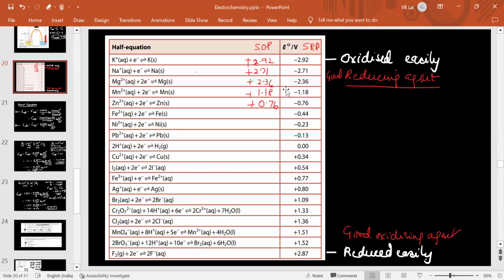See, one important thing is that we should always look at it in terms of only reduction potentials. So everything we are talking of is in reduction potential.